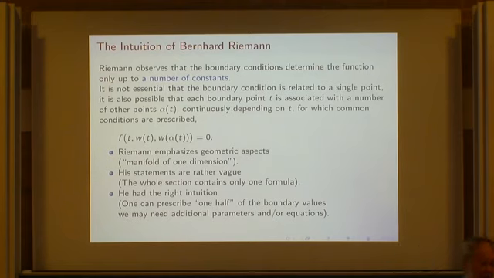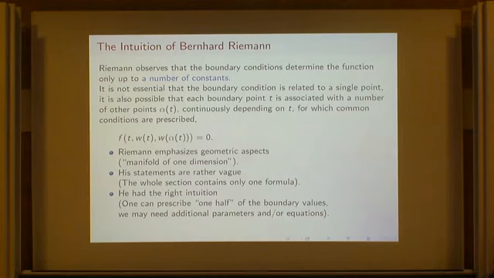This may have been the reason why this Riemann-Hilbert problem has been somehow overlooked by all biographers of Riemann. I'm not aware of a single biography of Riemann which even mentions the problem. And most importantly, Riemann had the right intuition.